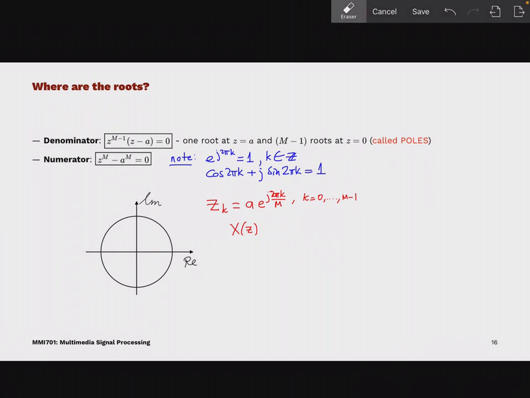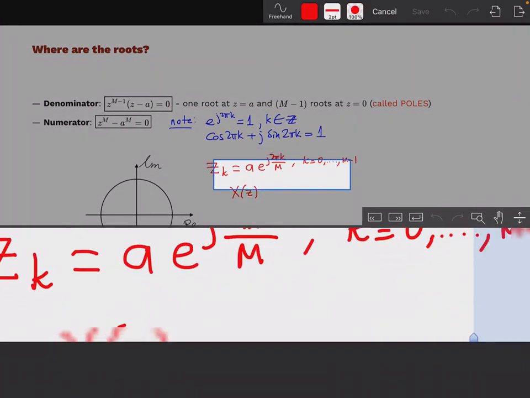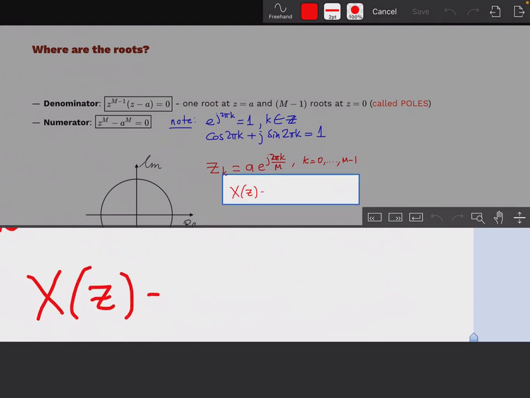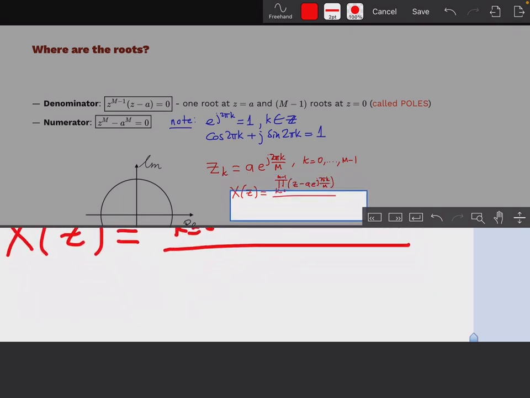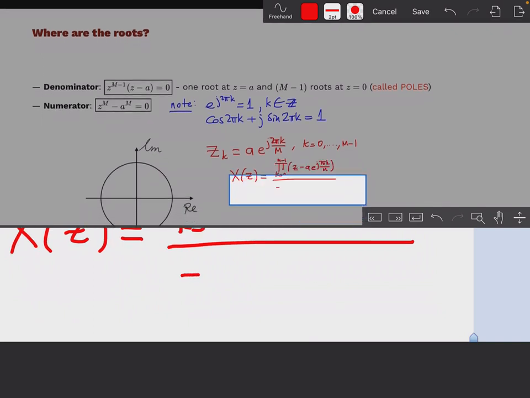Sorry about this. So X of z is then again, product for k from 0 to m minus 1 of z minus a e to the power j 2 pi k over m, over z to the power m minus 1, times z minus a.